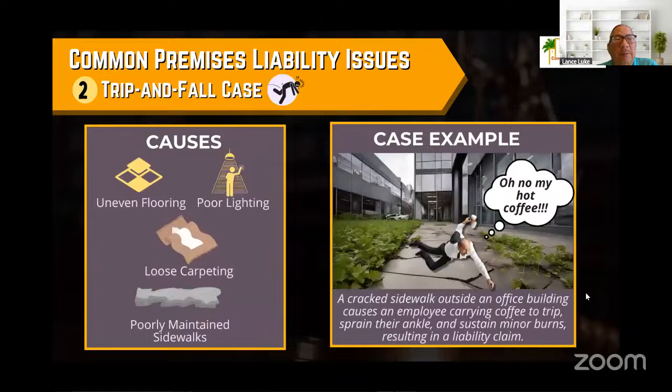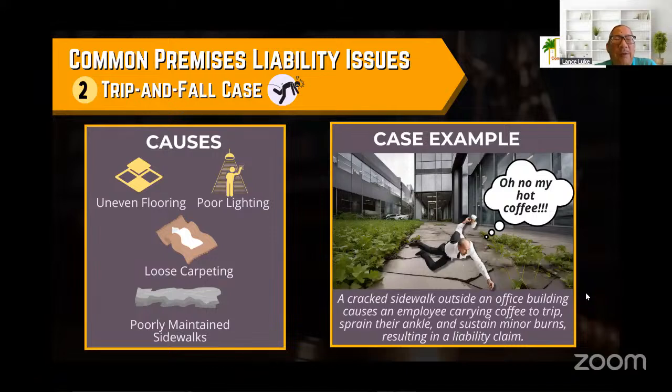Okay, so slide number 2, we're talking about a trip and fall case as opposed to a slip and fall that I just mentioned. In both types, people can get injured, seriously injured, either tripping or slipping.